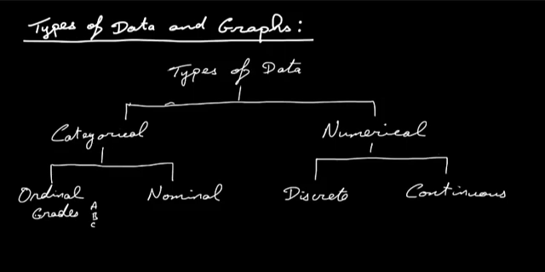Now the other type of data we have is numerical data, and that's divided into discrete and continuous. Discrete data would be things like, if you're counting the number of people who pass by, you would say one person passes by, then two, then three, then four.